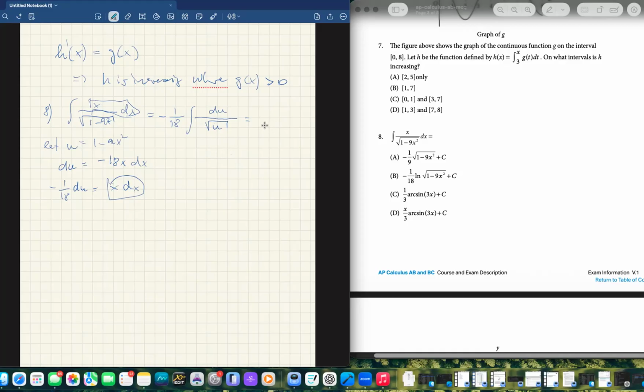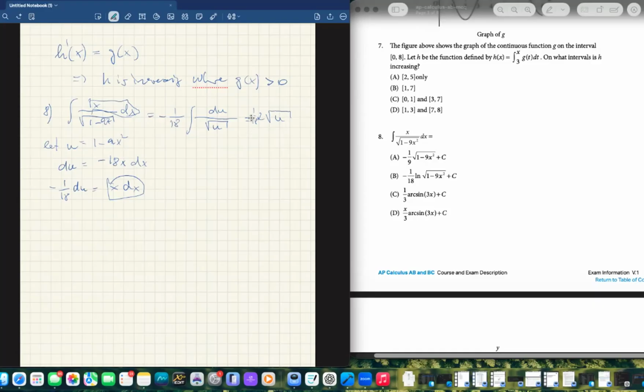Negative 1/2 plus 1 is 1/2, and then divide by that. So the root is going to get to the top, right? Like so. And then you divide by 1/2, so it's going to be times 2. And don't forget the negative 1/18 in the front.